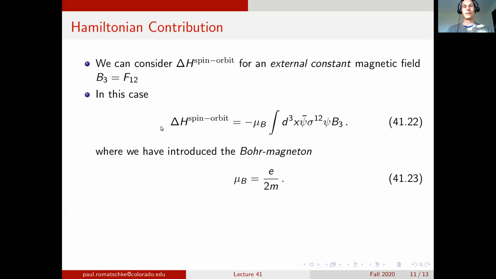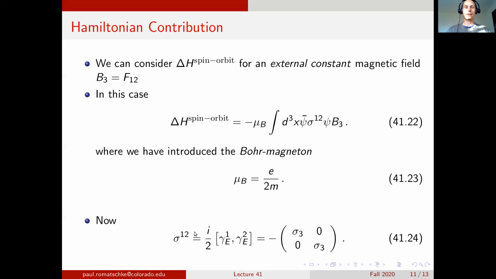In this case, I can write the contribution as minus e over 2m, which I write as mu B for the Bohr magneton, times the integral over space, psi bar sigma 1 2 psi, times B3. Note there's a factor of 2 that comes from the Einstein summation convention, because we are summing over both i and j in the previous slide.